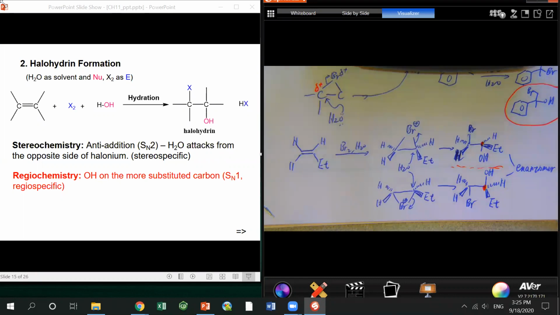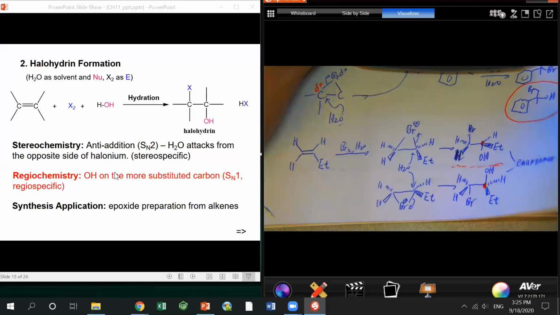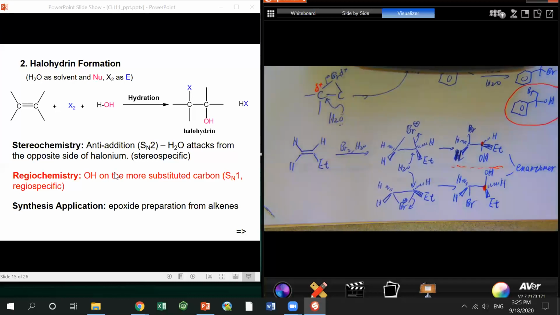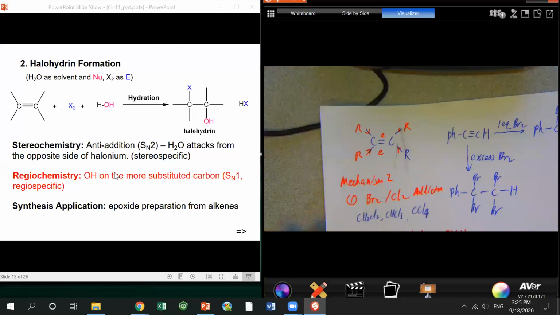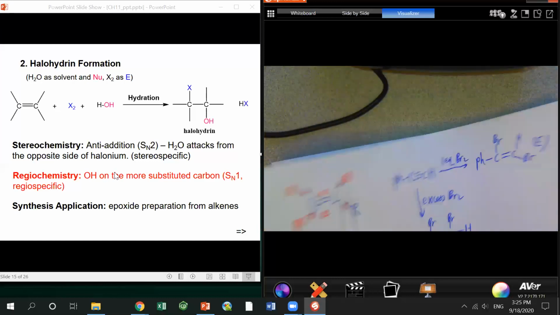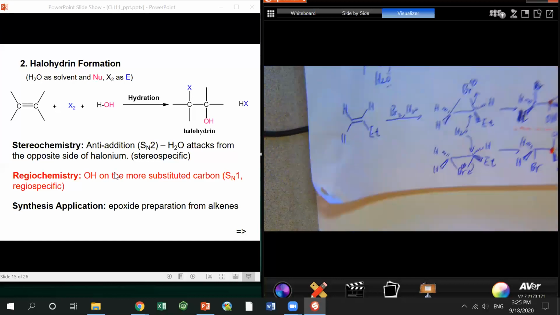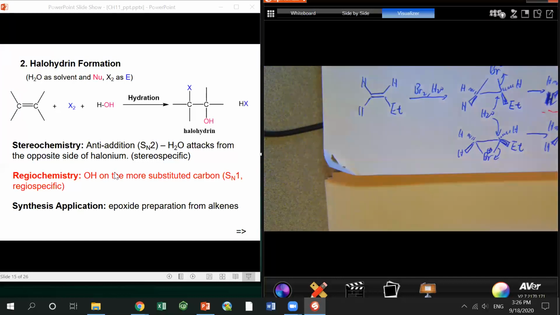So this example involves both anti-addition and regioselectivity, where OH goes to the more substituted carbon. And for the synthesis application of the epoxide, we can use this reaction to make the epoxide.